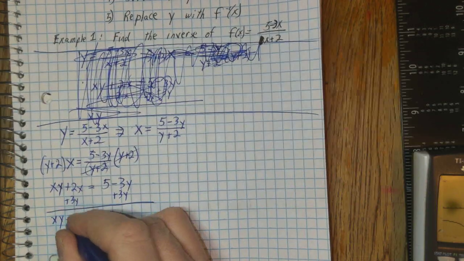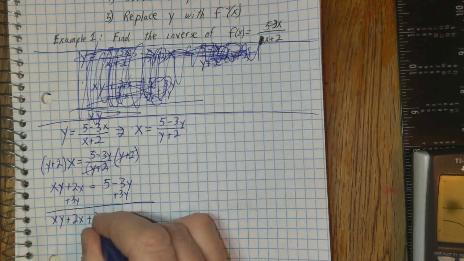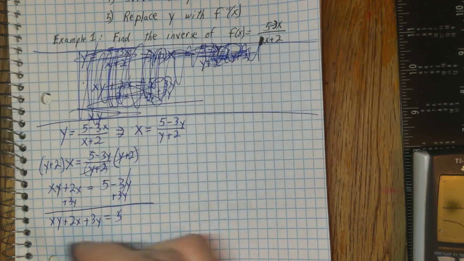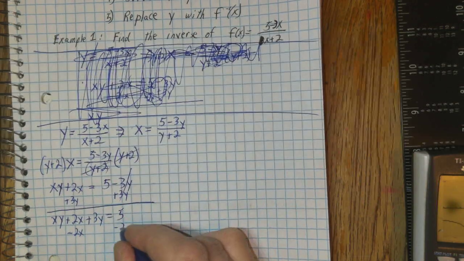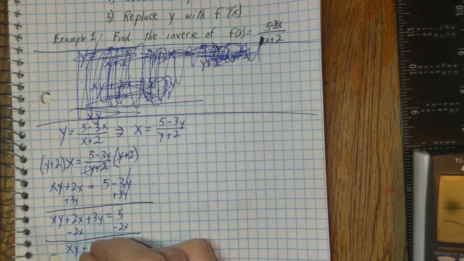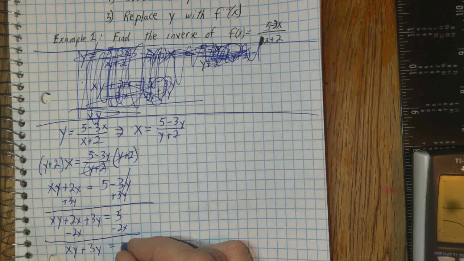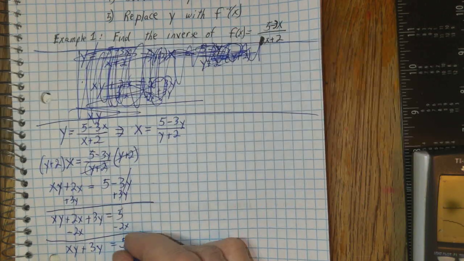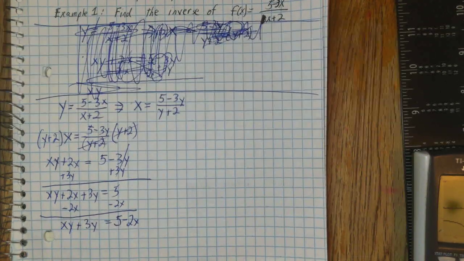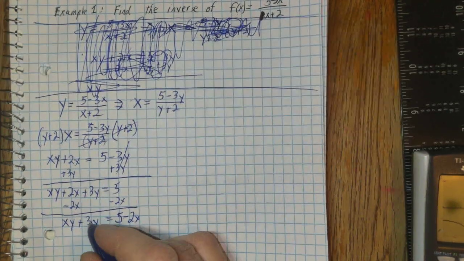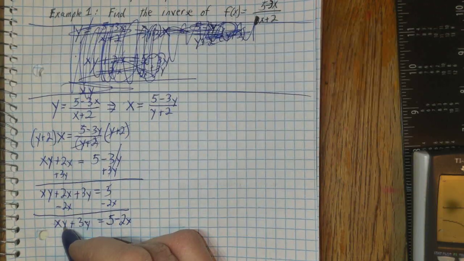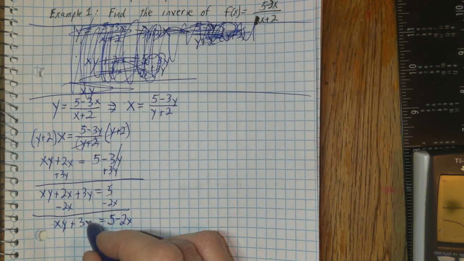So xy plus 2x plus 3y equals 5. I'm going to subtract 2x from both sides. I've got xy plus 3y equals 5 minus 2x. Now I've got y in both terms.